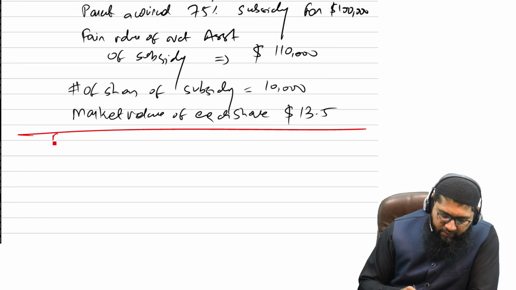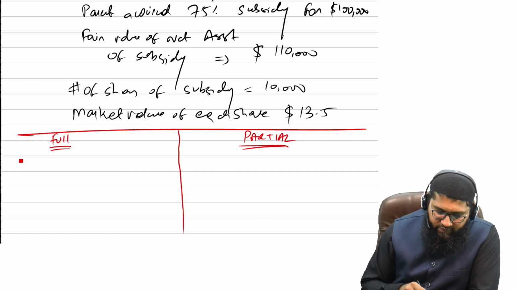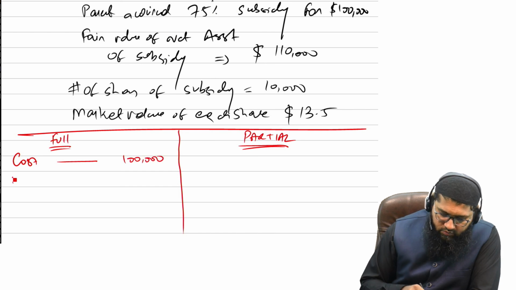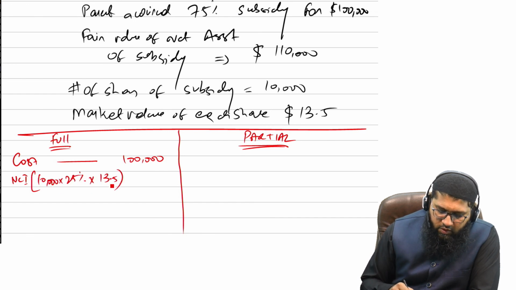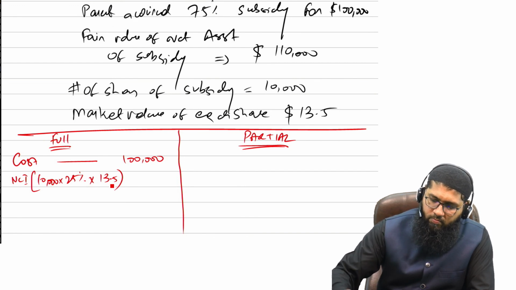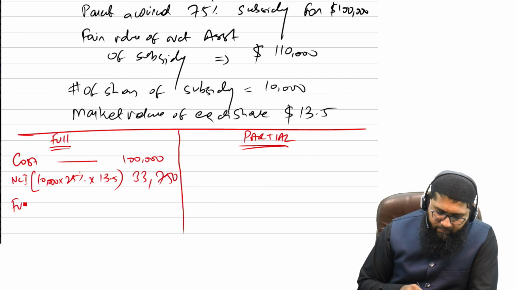So if I have to calculate full goodwill, cost is gonna be 100,000. NCI is gonna be 10,000 into 25% into 13.5, which gives you 33,750.